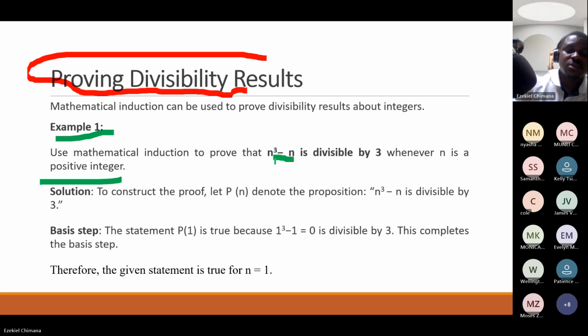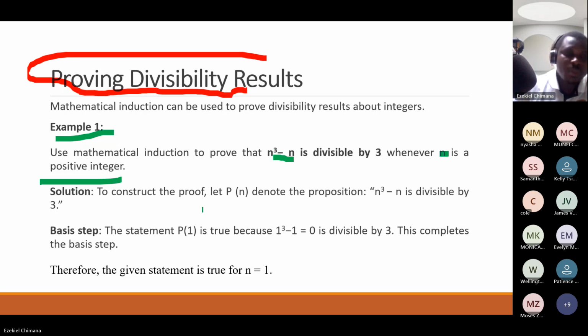Otherwise, you end up in your workings there, saying that no, it's not divisible by 3. Why? Because I've put this number and it didn't give me a number which is divisible by 3. Because at first you just do a direct proof, you just put a specific number from this set, right? So you need to take note of this n, that it is valid only for those positive integers.